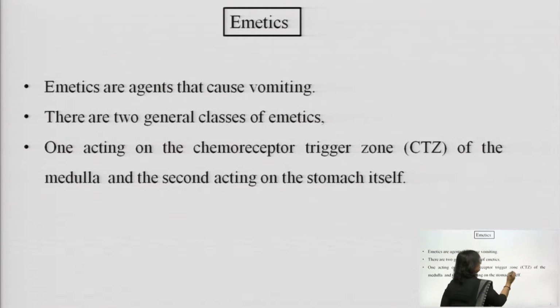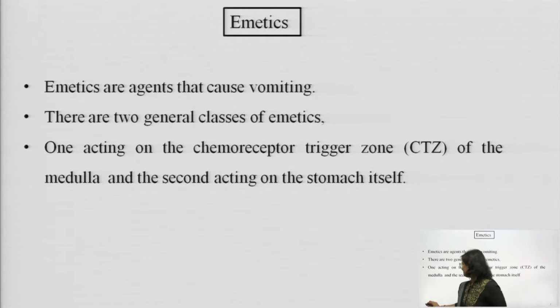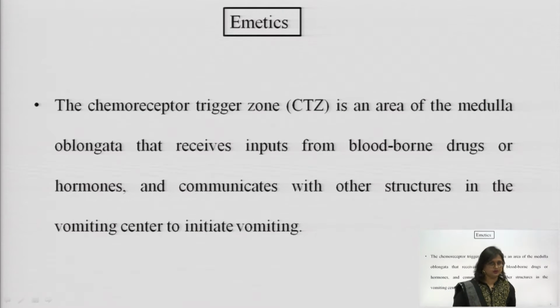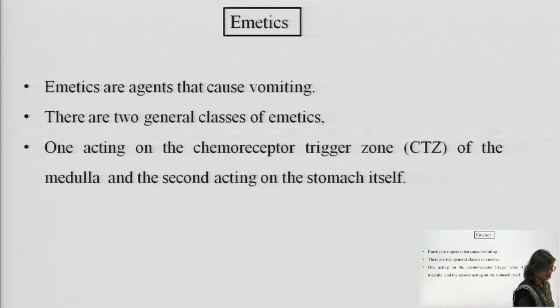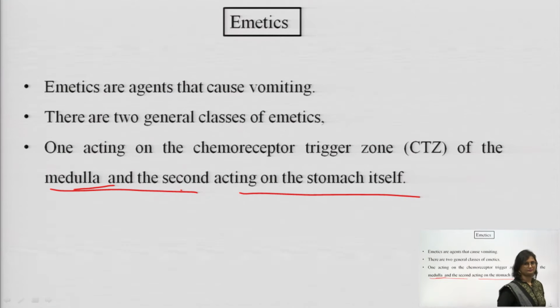Please pay attention here, all of you. The first class of emetics acts on the chemoreceptor trigger zone, or CTZ. This zone is located on the medulla, and the second class acts on the stomach itself.